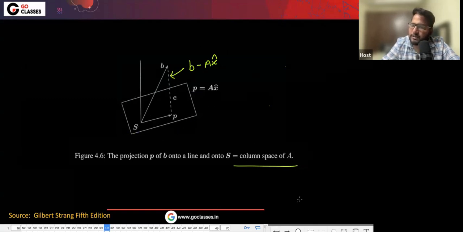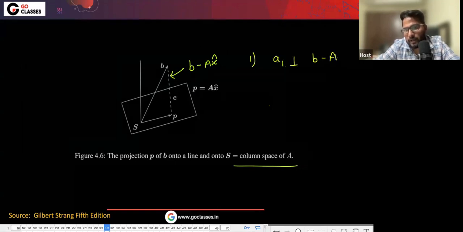Last time also we did the same thing, right? So B minus AX cap is perpendicular to A1. You can write one thing that A1 is perpendicular to B minus AX cap. Okay. So actually, can anyone notice why I'm writing AX cap instead of AX?